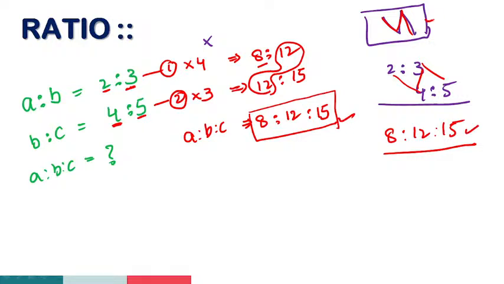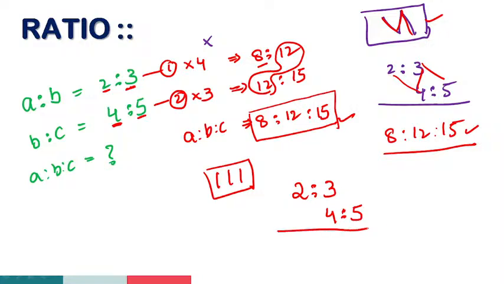So just remember this symbol guys here. Otherwise, somebody using 3 lines guys sir, we can solve the problem using 3 lines also. So the given information a is to b is 2 is to 3, leave a gap. And b is to c is how much guys? 4 is to 5.